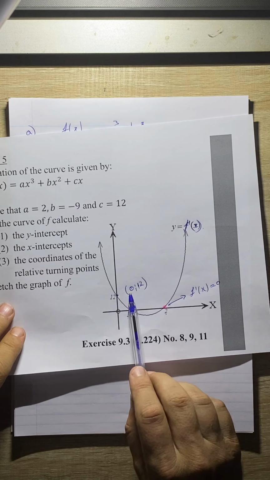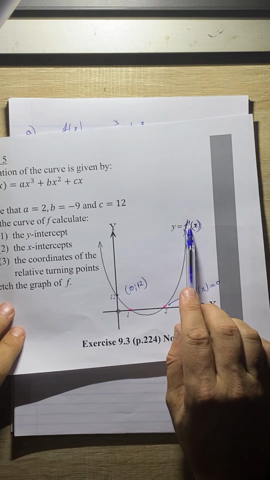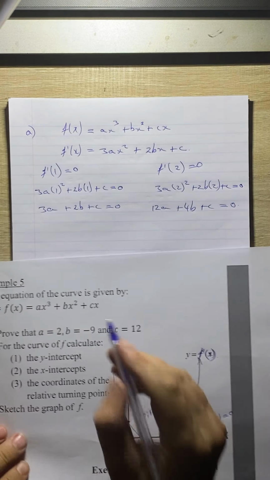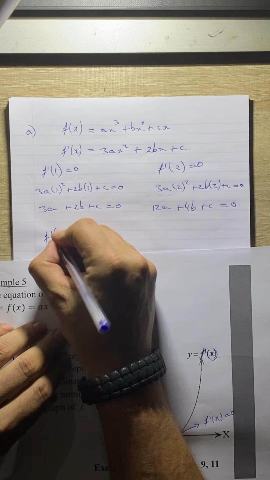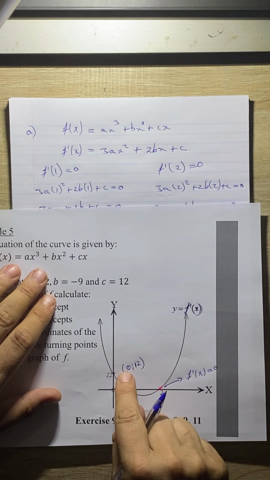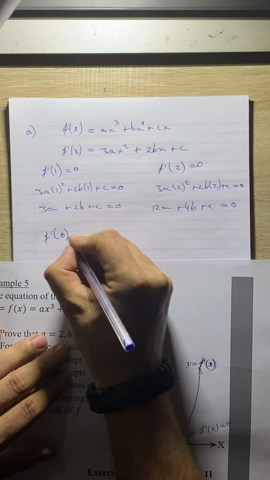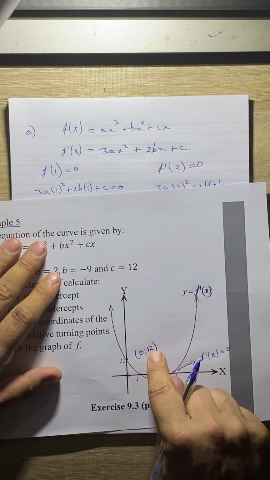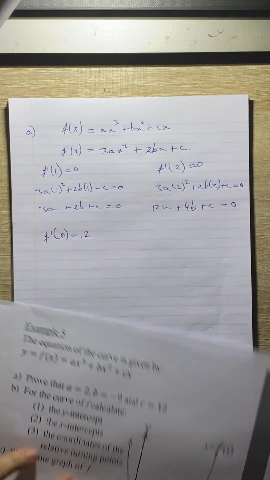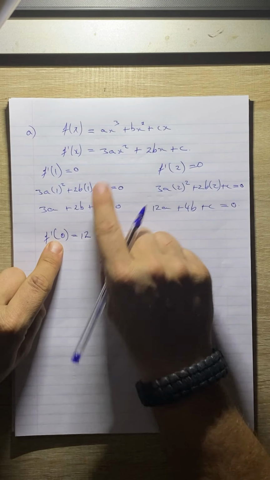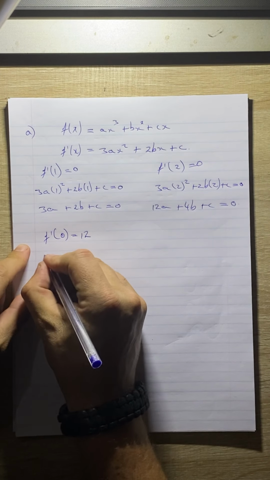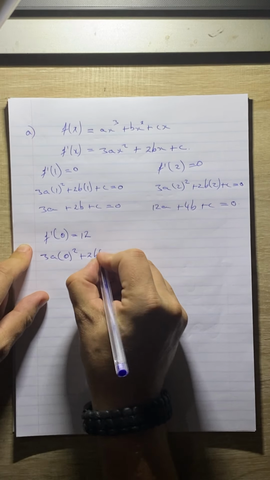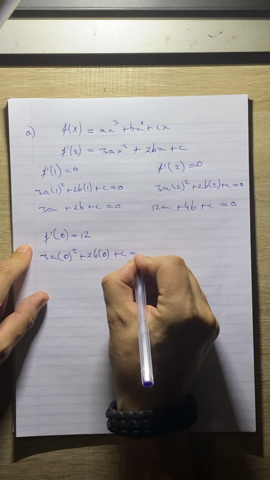And that's where this point comes in. Okay, so we're still dealing with the first derivative. So with this point here, I know what I can say is that f dashed of 0 is equal to 12. So basically my coordinate, 0 for x, 12 for y. Okay, and what I can do now is substitute that into here. So we get 3a(0) squared plus 2b(0) plus c equals 12.